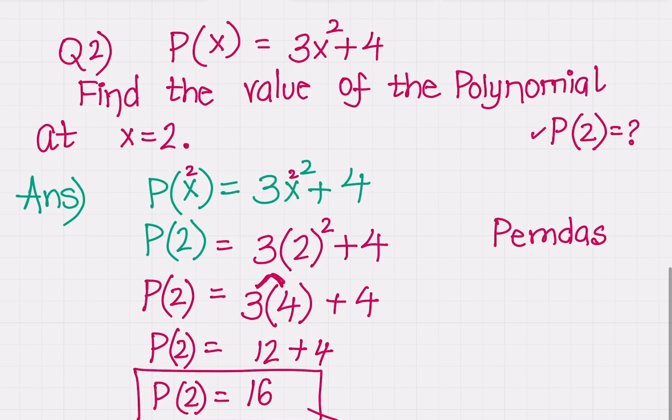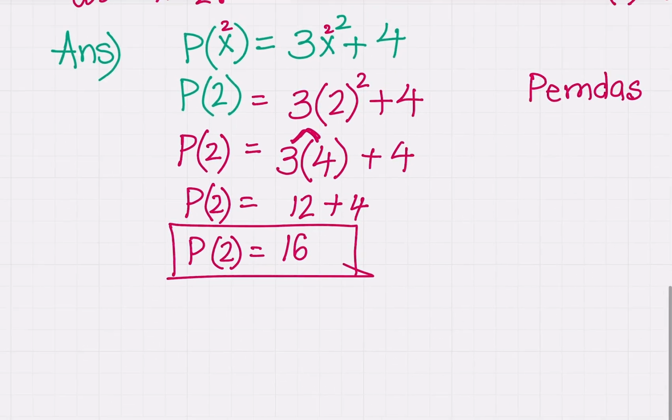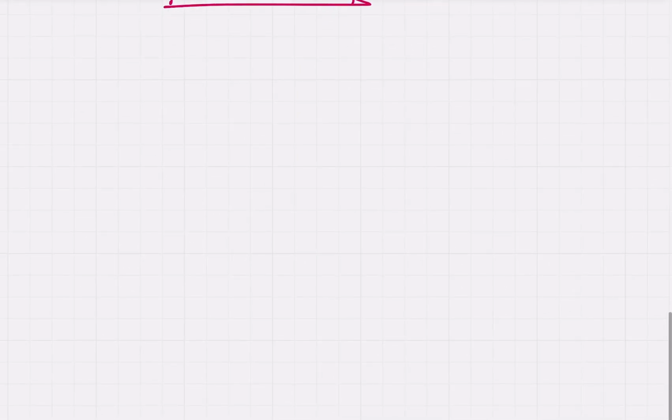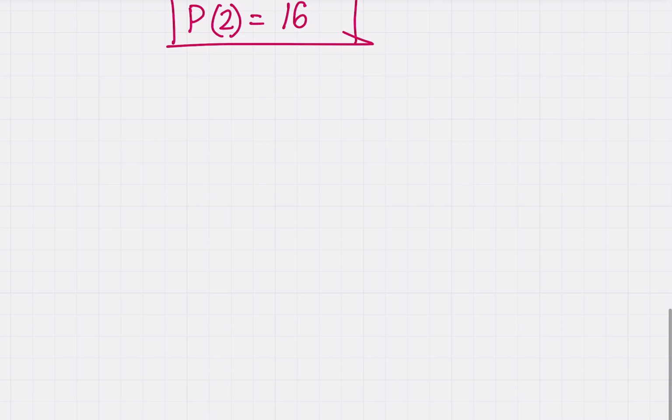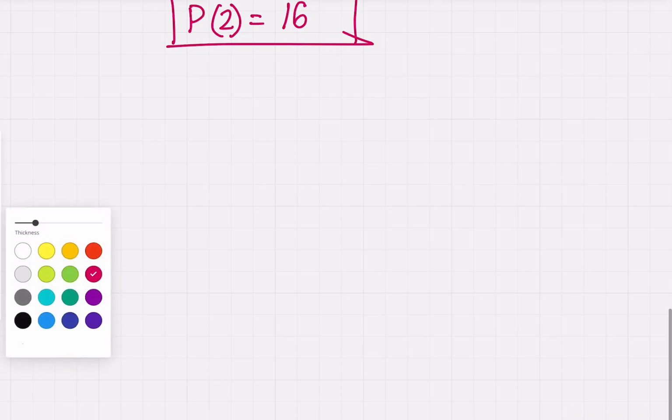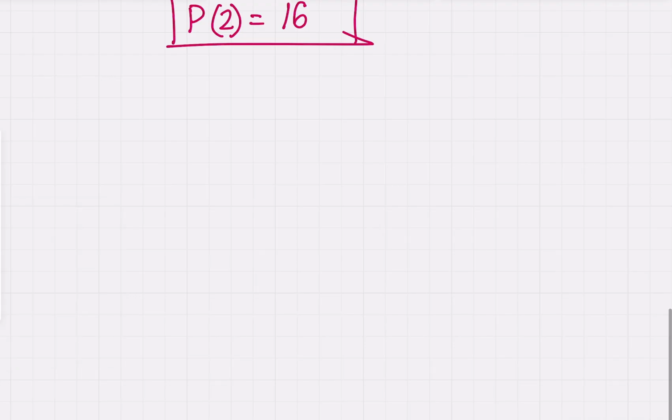I'm going to give you a couple of questions to practice on your own, and they are going to be listed right here for you. It is still under the same section of finding the value of. I'm going to give you 3 questions, and we'll say find the value of each.